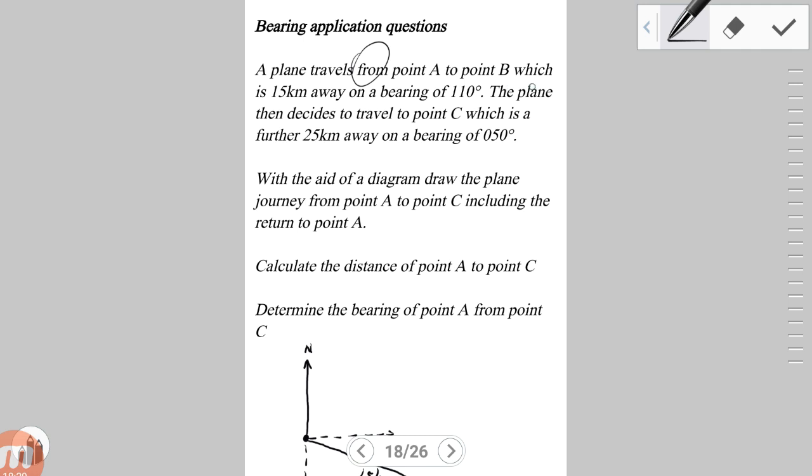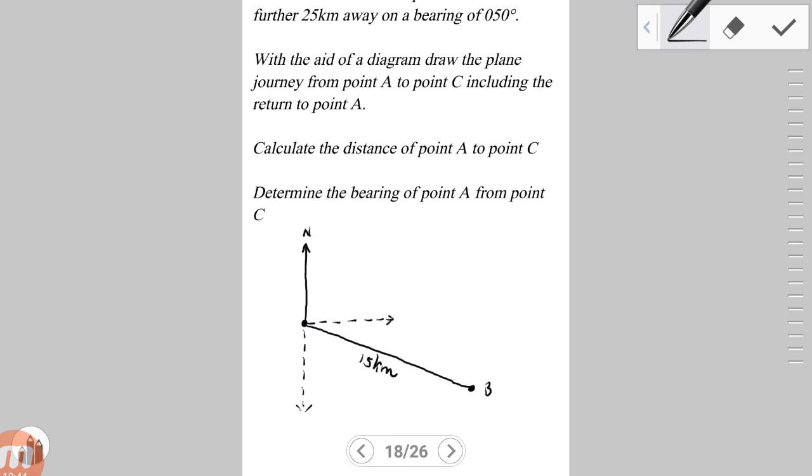Next, it says here that the plane then decides to travel to point C, which is a further 25 kilometers away on a bearing of 50 degrees. So we're going to implement here a north line. And so 50 degrees is less than 90, so we're definitely going to need here a guideline of 90 degrees.